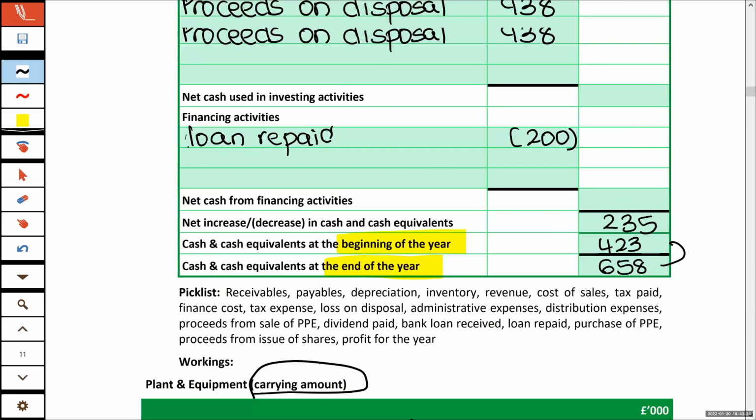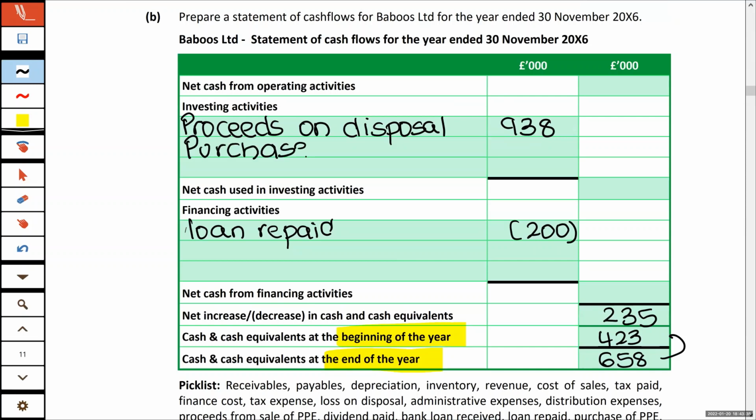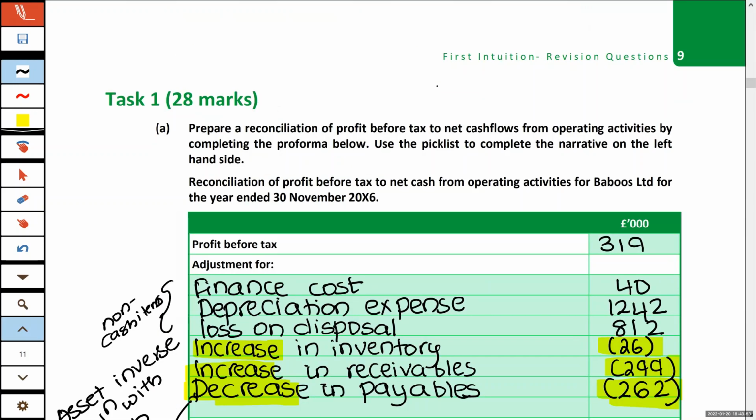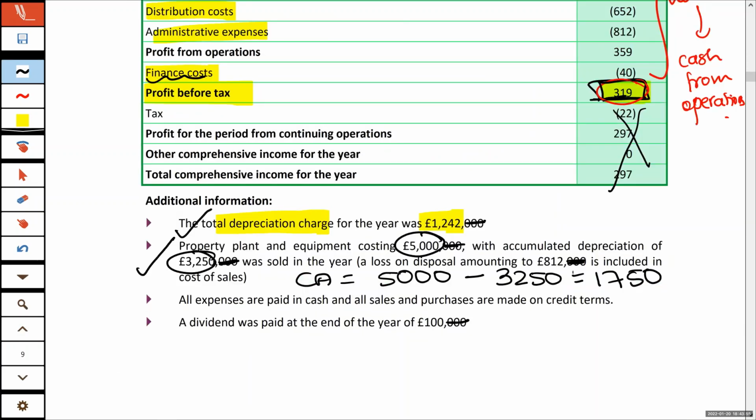So if I write purchases here, reducing cash in, minus 6,169. Perfect. Tick, that gets rid of the big PPE working.